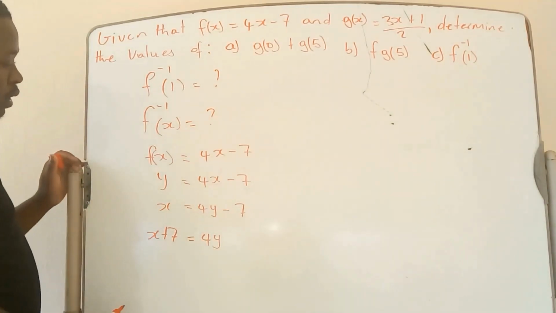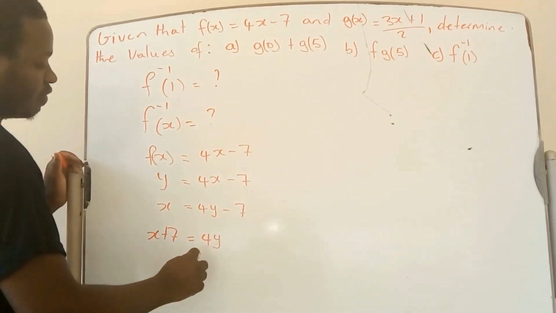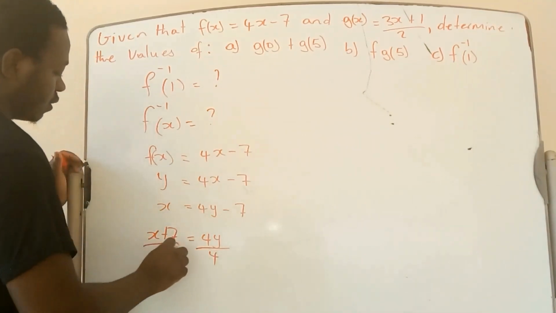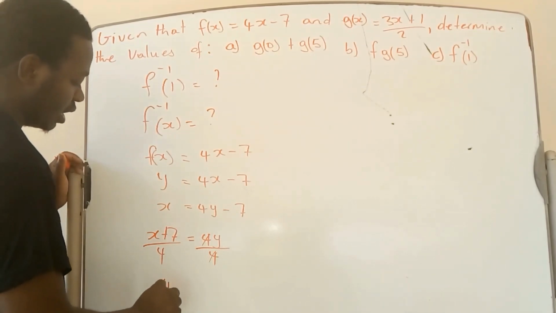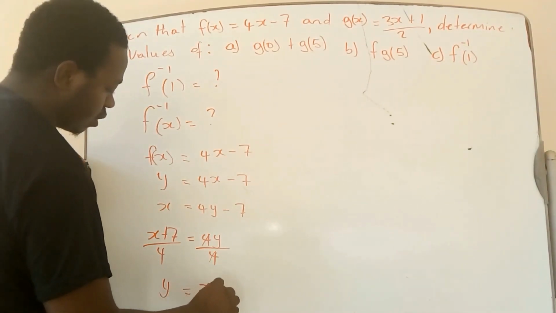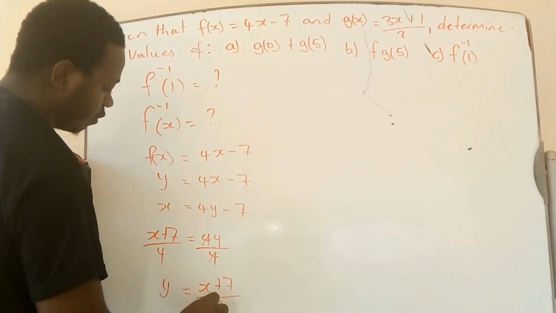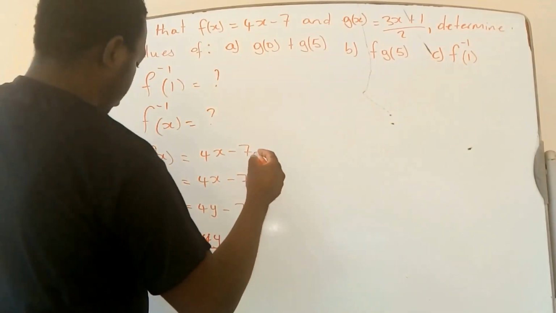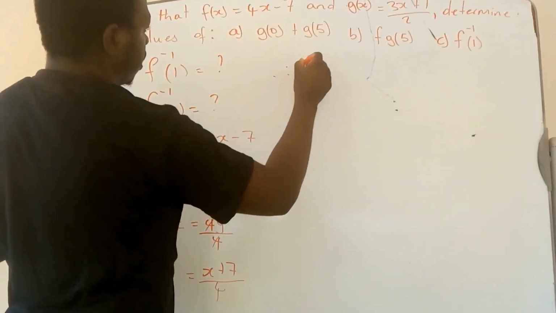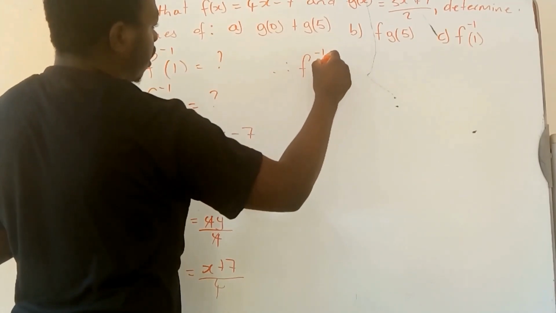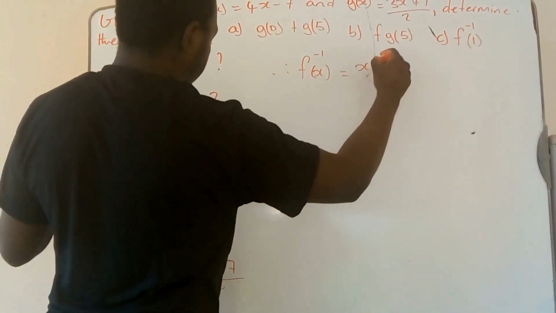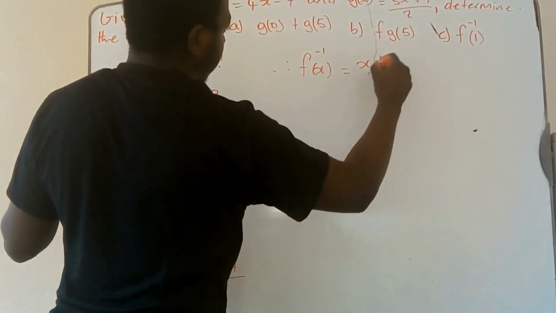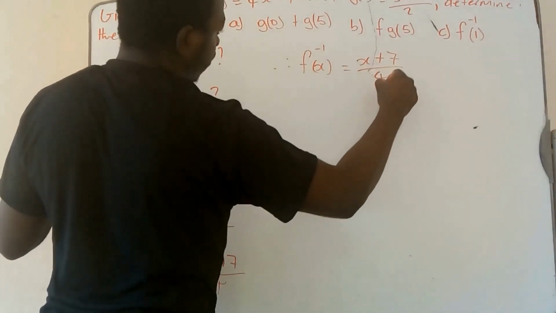Alright, now we want to get rid of this 4, divide both sides by 4. 4 cancels out 4, so y is equal to (x plus 7) all over 4. Therefore, f inverse of x is equal to (x plus 7) all divided by 4.